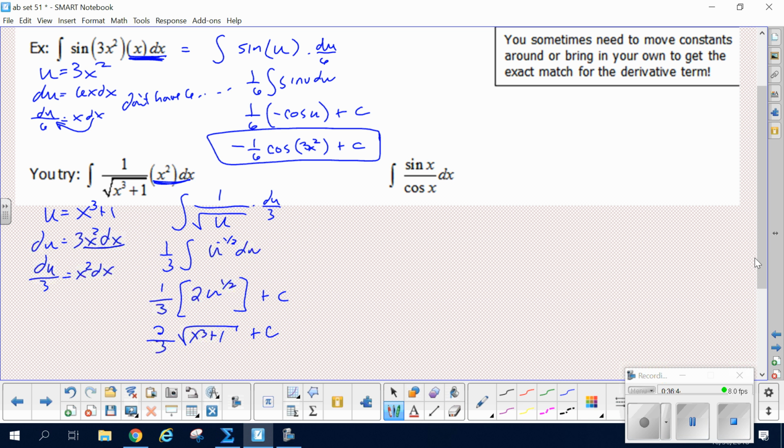So I'll tell you this, you cannot make u sine. Absolutely cannot. Why not? If u is sine, what's du? Cosine, okay? And that means du is in the denominator, and you're in trouble. So you absolutely cannot let u be sine, you must let u be cosine, so that the du is in the numerator.